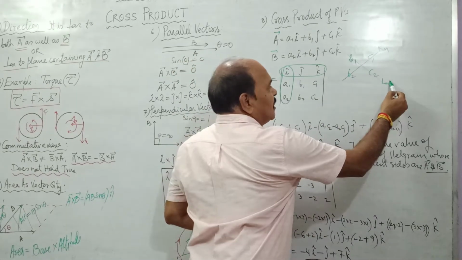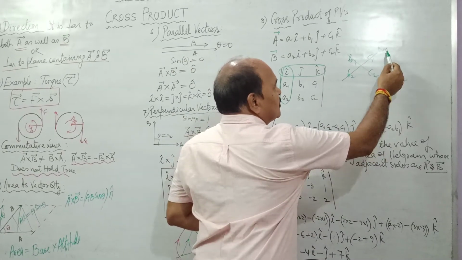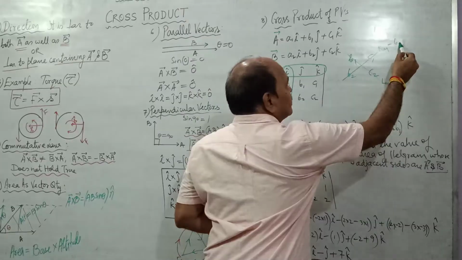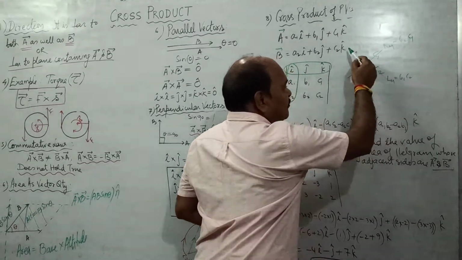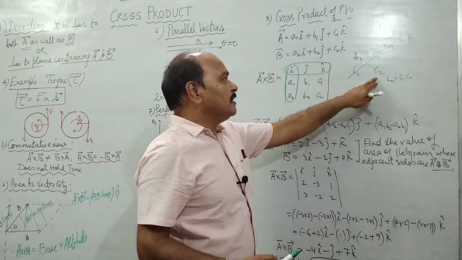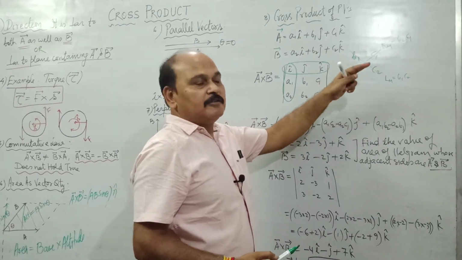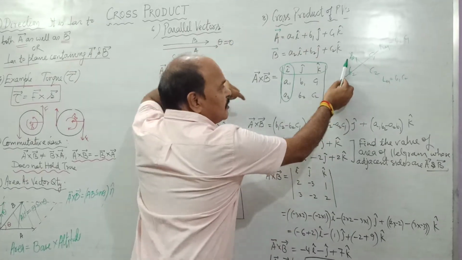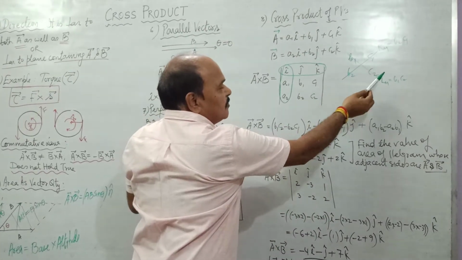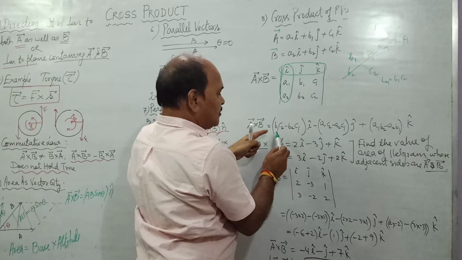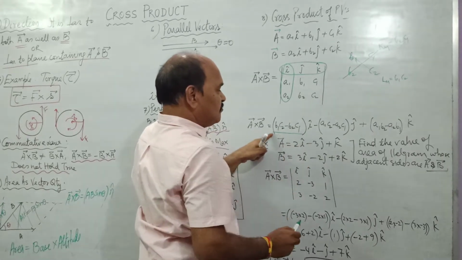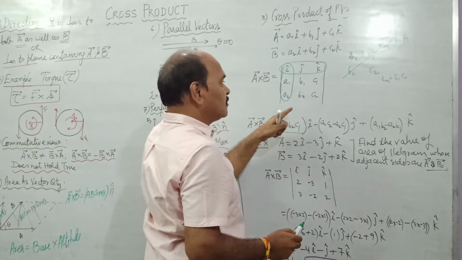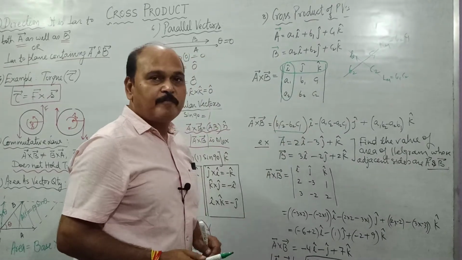LM is what? LM is B1 C2, and what is RM? B2 C1. So from the product of left diagonal element, we subtract the product of right diagonal element. So these elements are what? B1 C2 minus B2 C1, and this is what is written here. B1 C2 minus B2 C1. That is the coefficient of I.